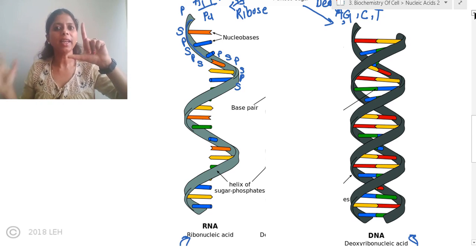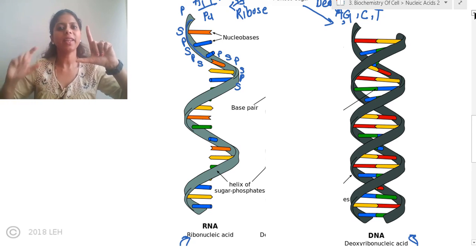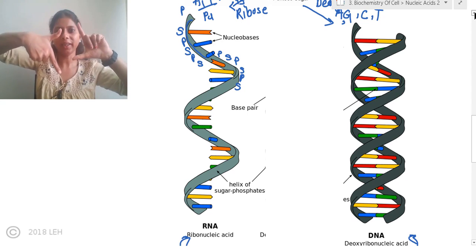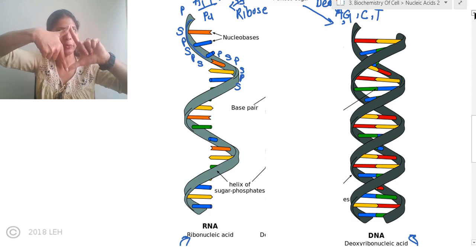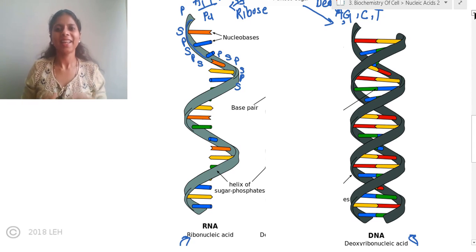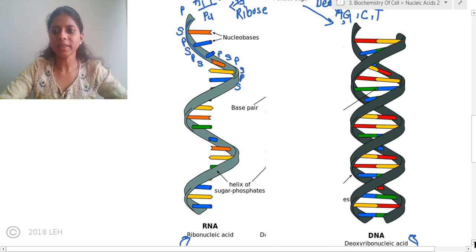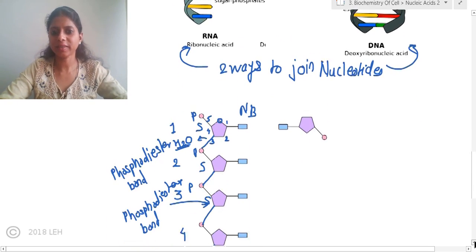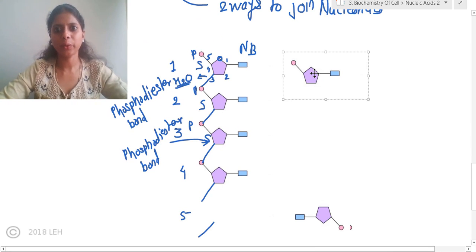For the second strand, I will take a nucleotide, rotate it in the opposite manner, and join it to the first nucleotide. Understanding? So let us do it. I'll take one nucleotide for your understanding, and I'll explain. So I have taken this one nucleotide.